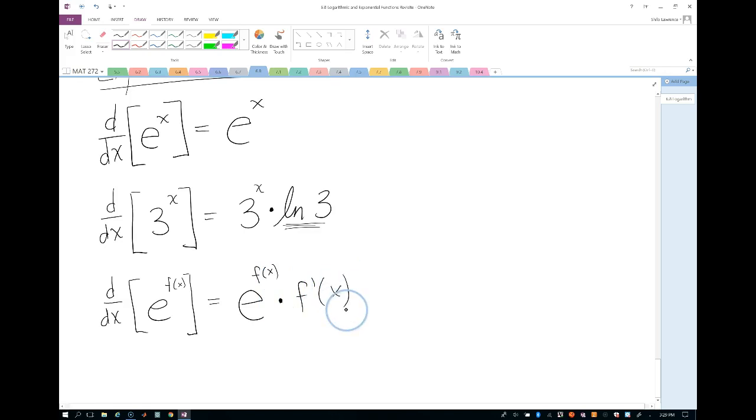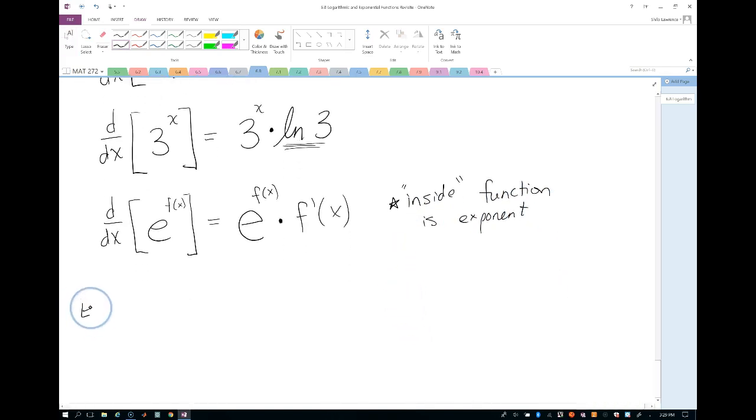And with exponentials, the inside function is the exponent. So anytime you do chain rule with exponentials, the inside function should be your exponent. So look at a couple quick examples and then we'll go on to antiderivatives.